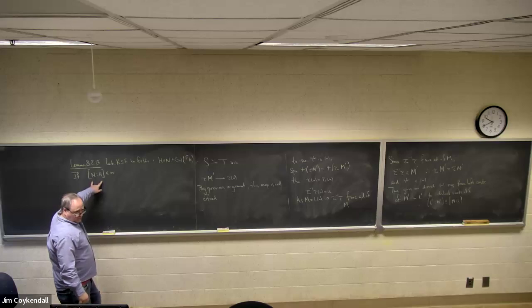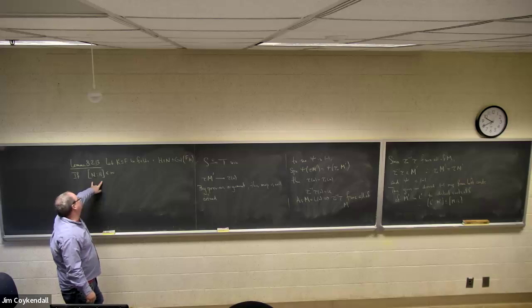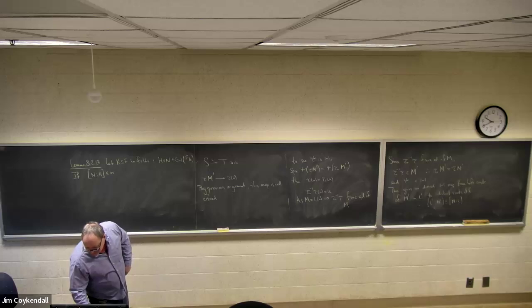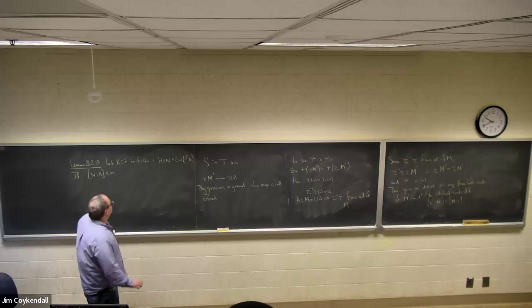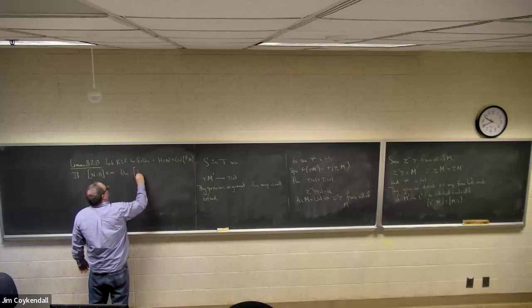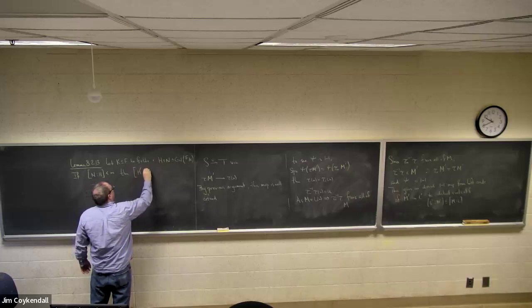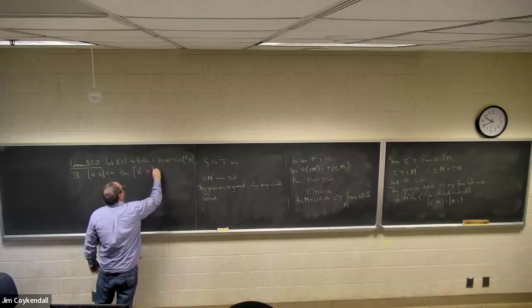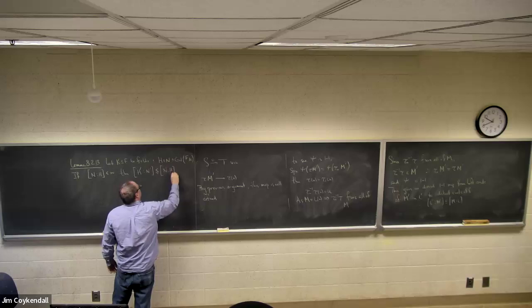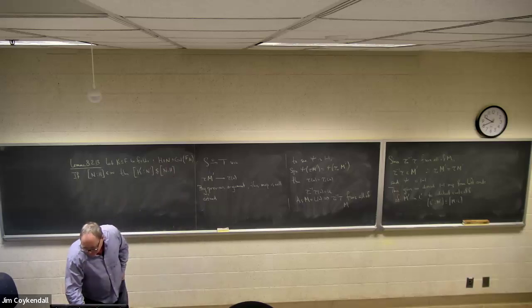So now we're sort of doing the mirror image of the previous lemma. The previous lemma, we said, okay, if the degree of the extension is finite, then blah, blah, blah. Now we're saying if the index of the group H in the Galois group is finite, then we have this value here.